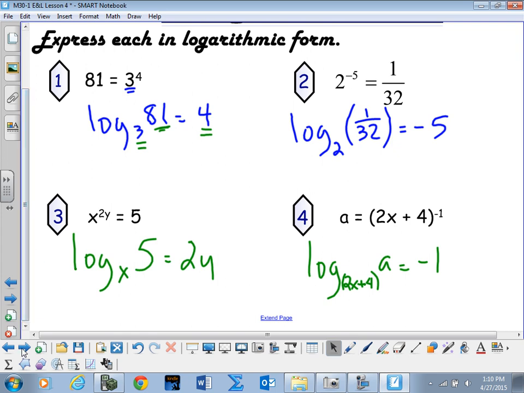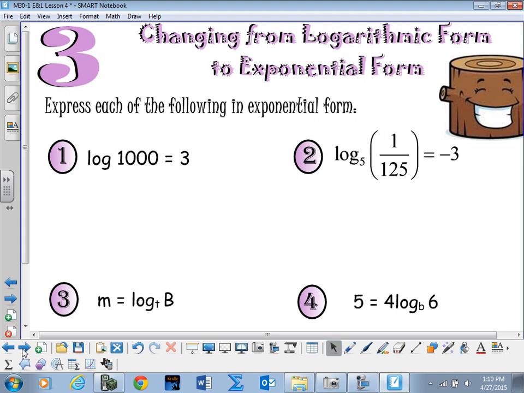Let's try another example. These ones, given logs, I need you to be able to flip from logs to exponential. Look at example number 1. No base, no subscript. It just says log 1,000. So you need to know this would be base 10.